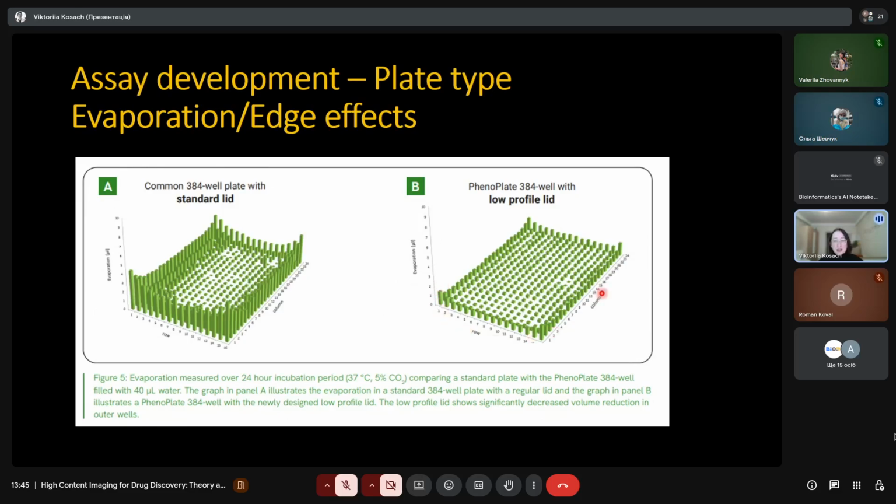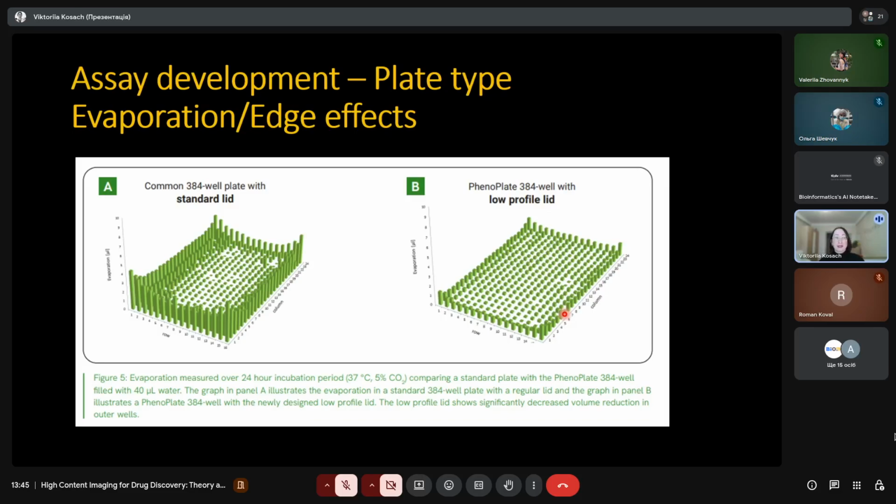Evaporation level and edge effect on your assay will depend also on your CO2 incubator, because all incubators have some gradients in temperature that could provide you with such edge effects.